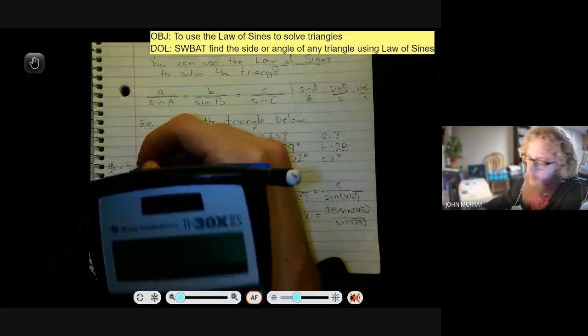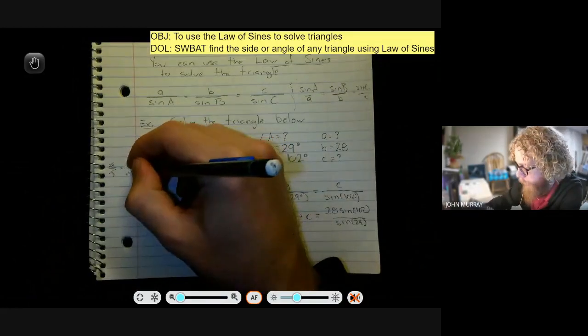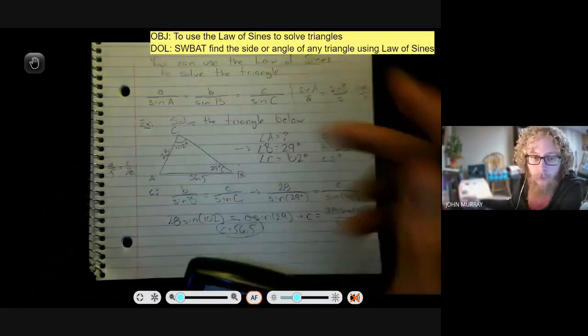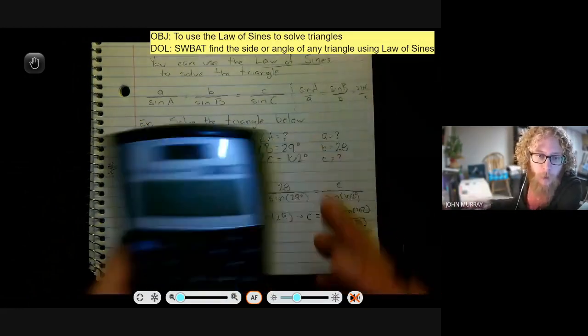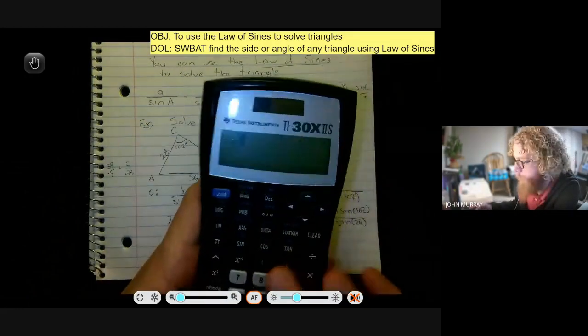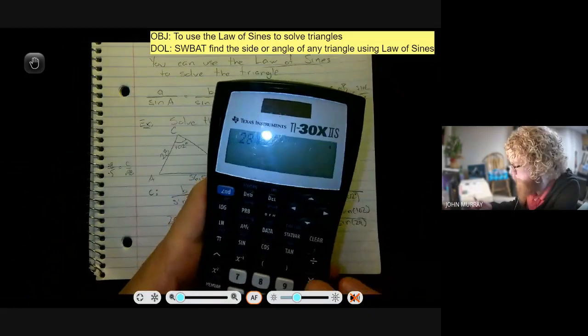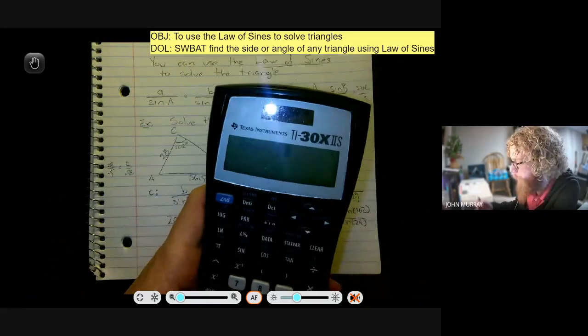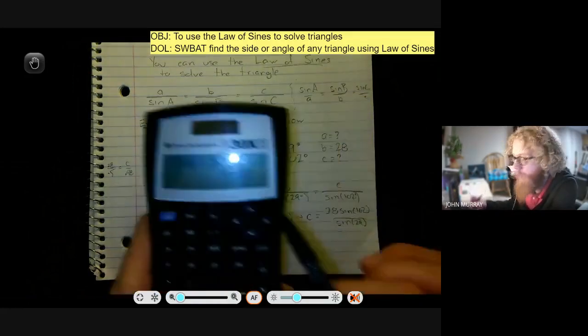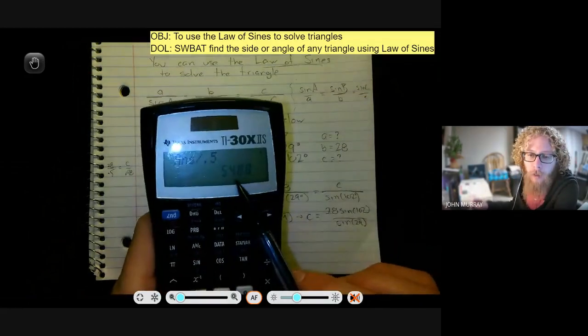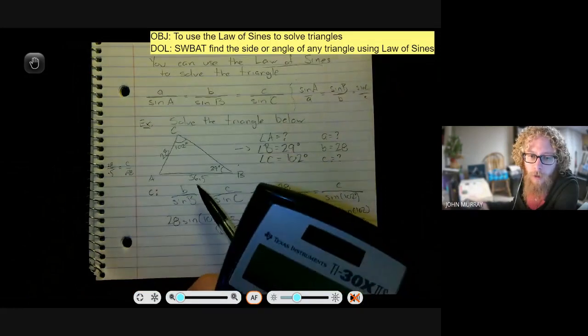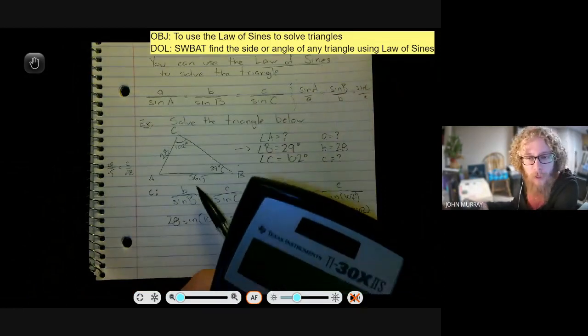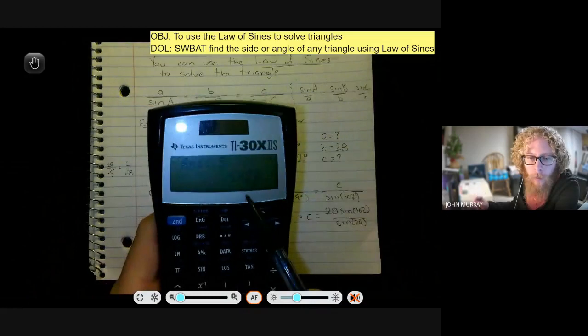Actually, let's even just say 0.98. When I do the cross multiplication here, I do 28 times 0.98 divided by 0.5, and I get 54.8, which is kind of close to 56.5.